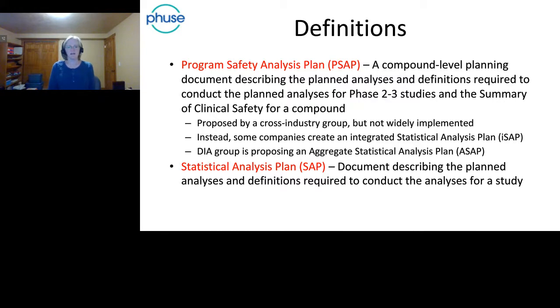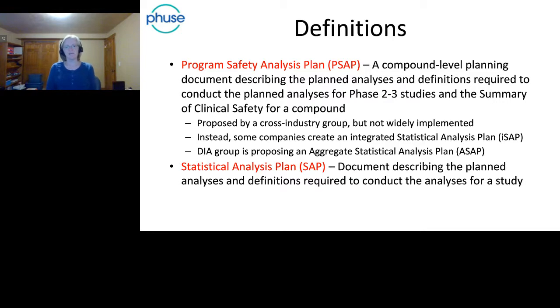So while I do think we want the industry to start moving toward a consistent nomenclature or a consistent process, it's not really as important as just having an integrated plan, right? So it's important that you just have an integrated plan, and that plan occurs early enough. And that's the important thing.